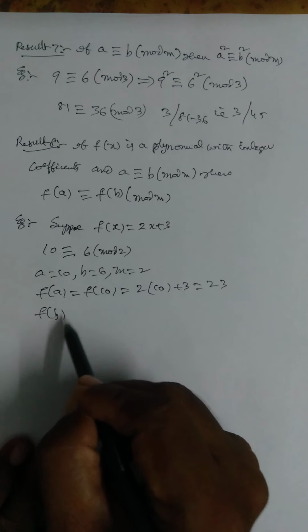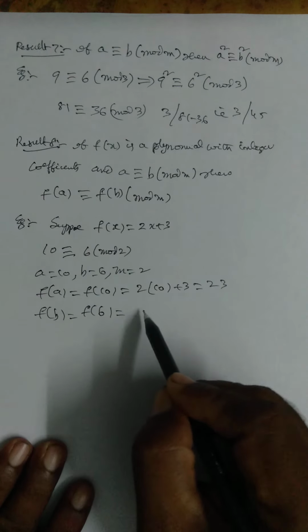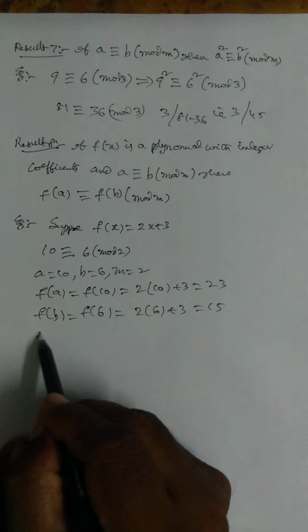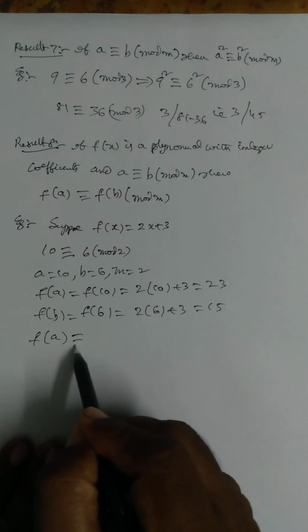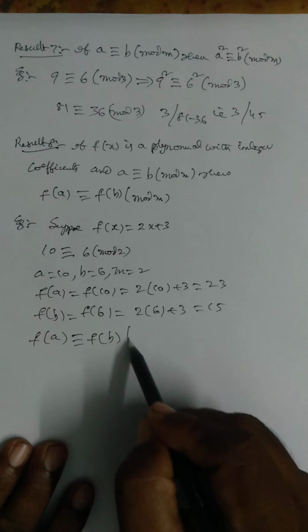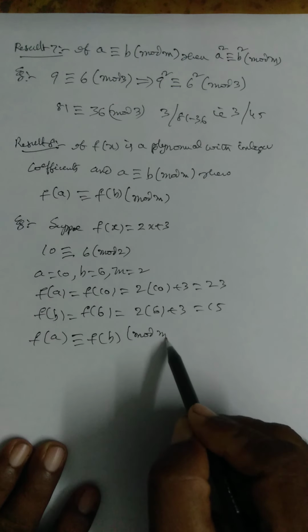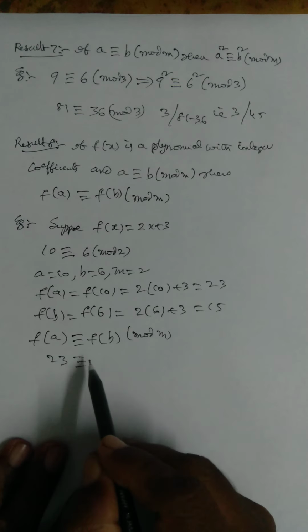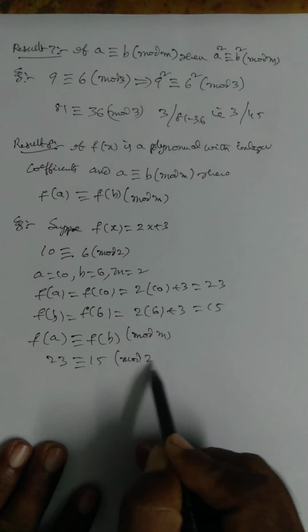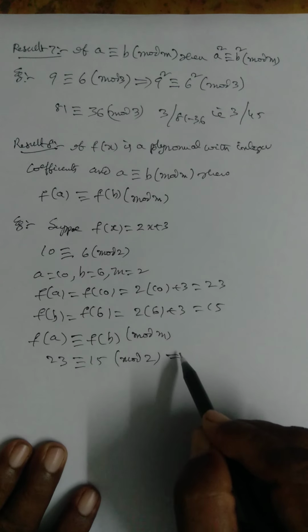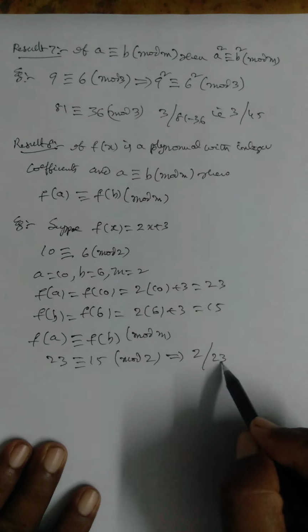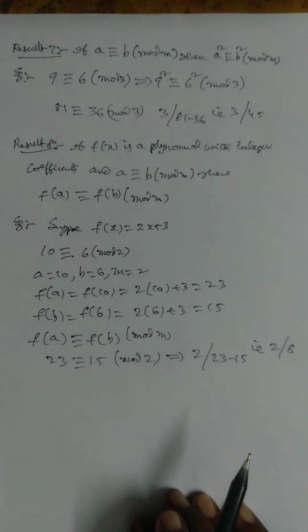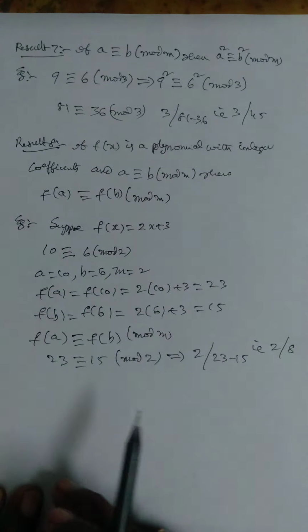What is f of b? f of 6 is 2 into 6 plus 3, 15. Check whether f(a) is congruent to f(b) mod m or not. Here 23 is congruent to 15 mod 2. This is right. 2 divides 23 minus 15, that is 2 divides 8. So this result is correct.